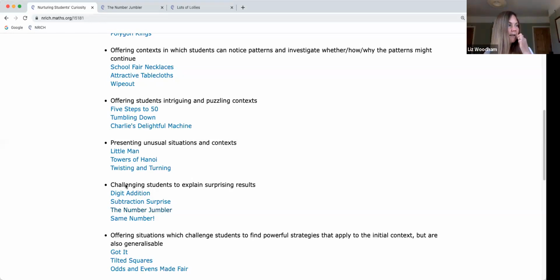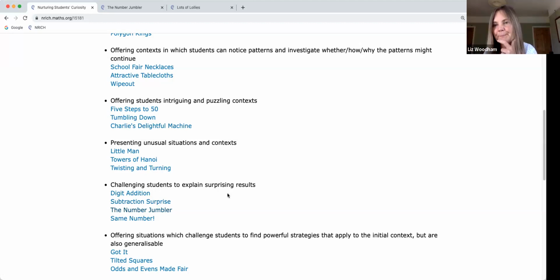And I think Charlie and I feel that this category that we've just introduced via the number jumbler has quite a few links with the two preceding ones. Would you agree, Charlie? So presenting unusual situations and contexts, and intriguing and puzzling contexts. These three sit quite nicely together, and we will look at some examples further along. Charlie, would you like to say anything more about those particular categories?